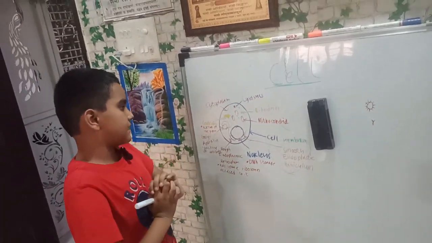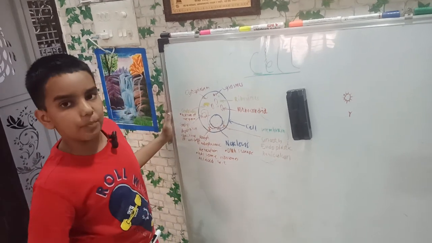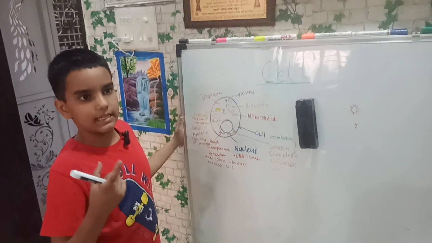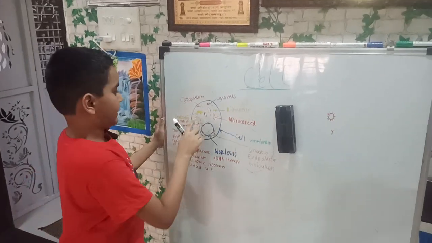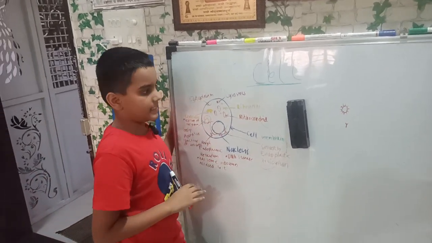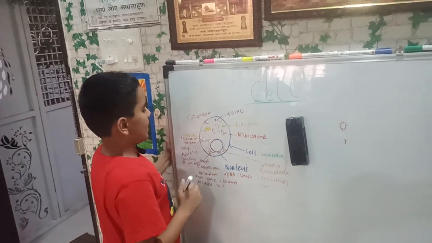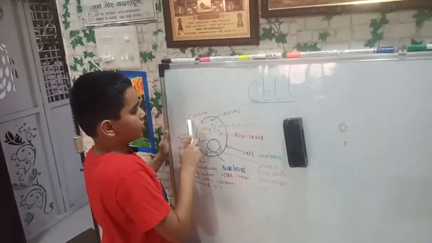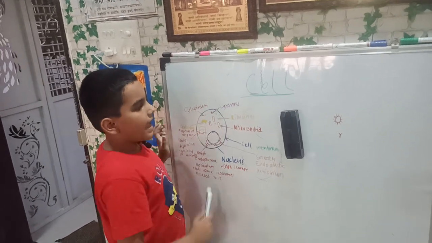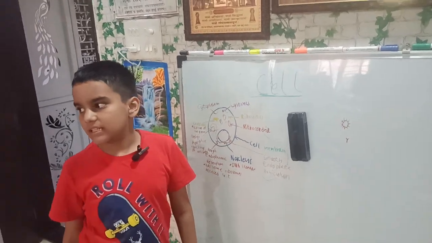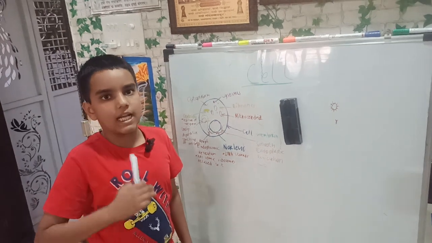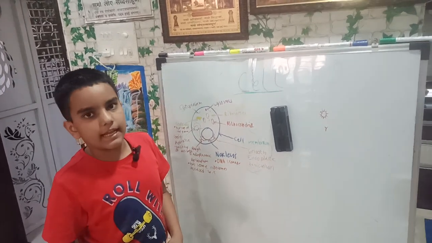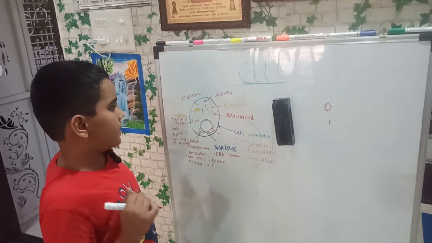And the next is cytoplasm. It is basically just a liquid inside the cell. And I may tell you the combined use of centrioles, cytoplasm, and lysosome that is produced in saliva and tears to kill any germs present.